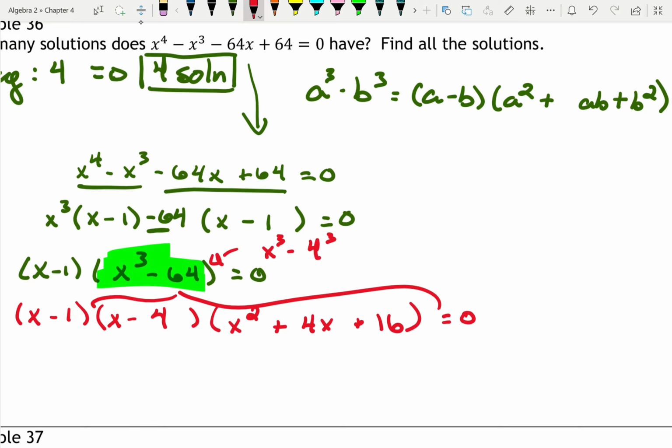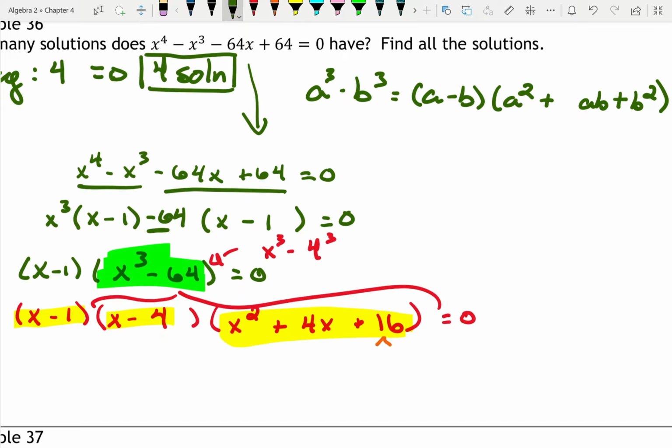Now that we have it broken apart, x minus 1 is pretty simple, and x minus 4 is pretty simple. Then we have this x squared plus 4x plus 16, and it'd be awesome if we could factor that. I don't think it's going to factor, though. We look for 2 numbers that multiply to be 16 and add up to be 4, and I'm just not coming up with one.